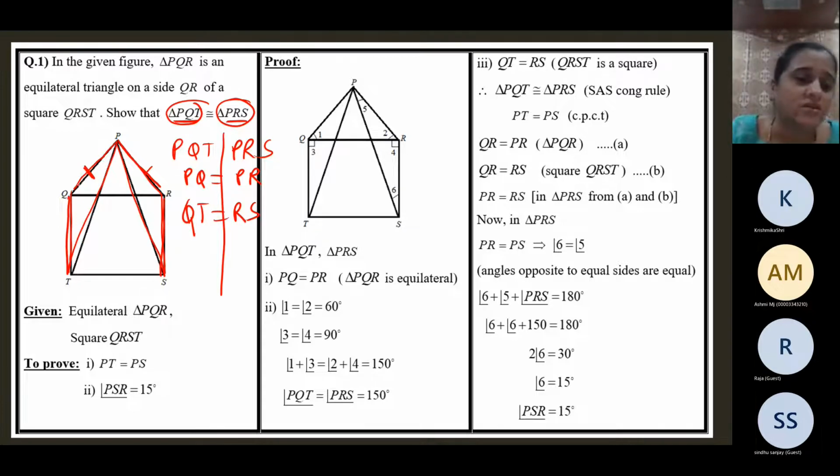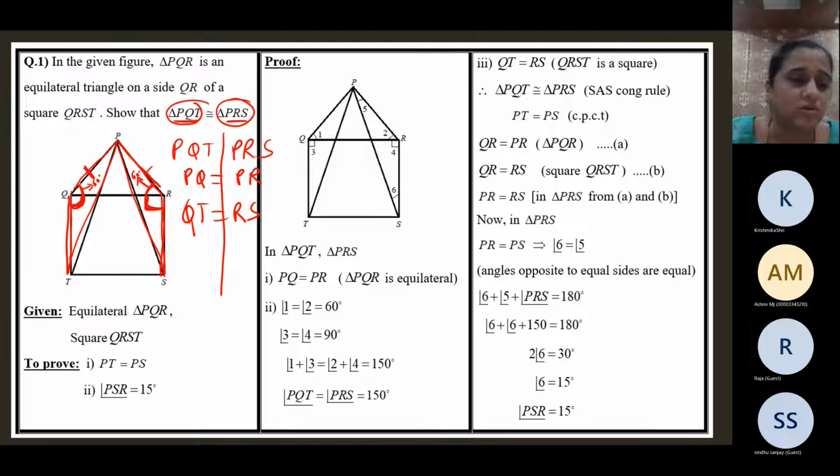And then this angle is equal to this angle. These two angles are equal because it's an equilateral triangle, so this one is 60 degrees, and this is a corner of a square, so this is 90. So this angle, though it is not given, we can compute: 90 plus 60, 150 degrees. Every corner in a square is a right angle.